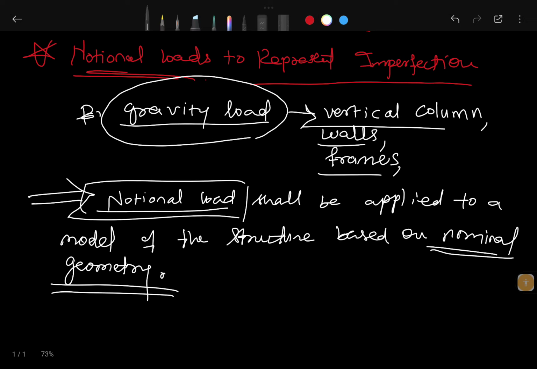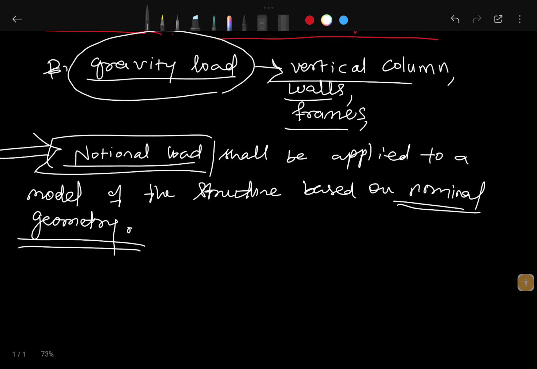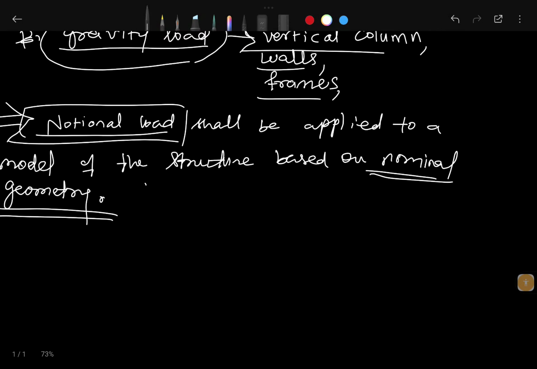In general, the notional load concept is applicable to all types of structure. And overall, the second important point, these are used for imperfection. Initial system imperfection, so for that we can use this notional load.